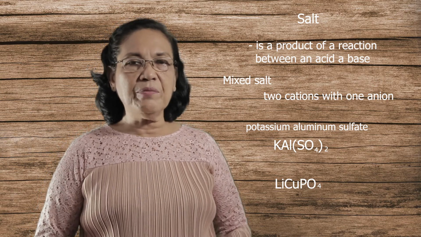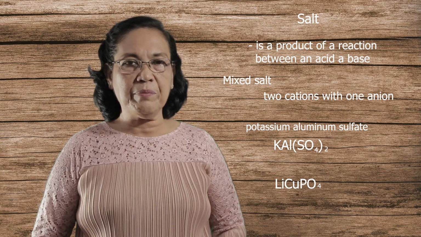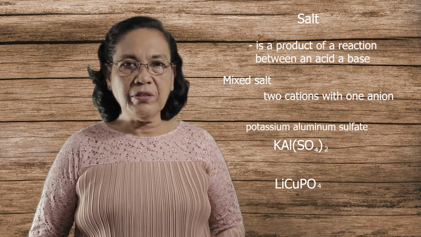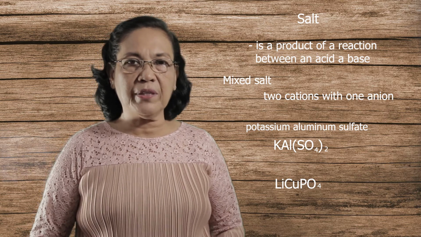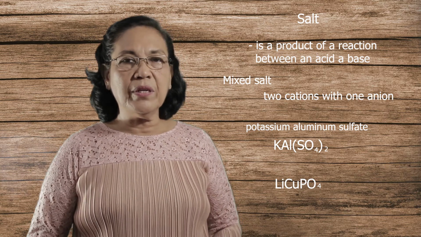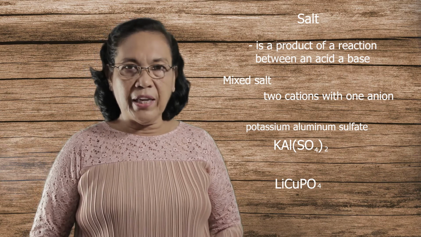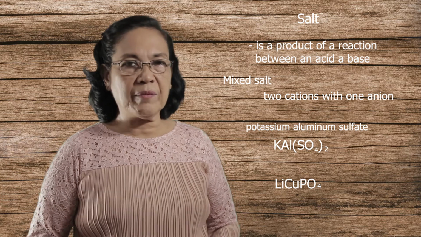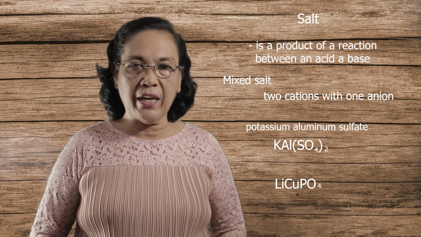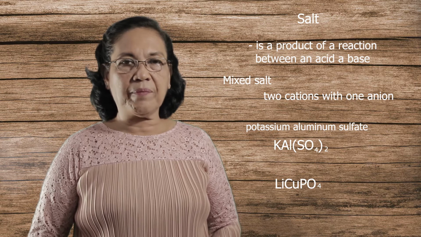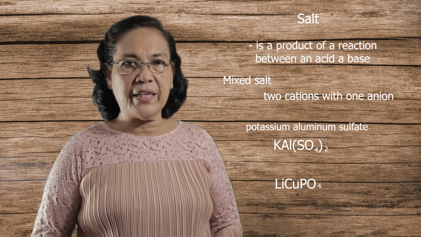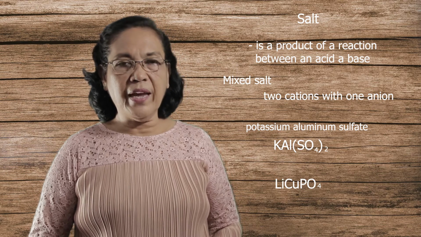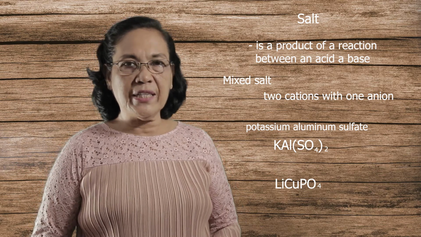So exchanging of charges to become their subscripts, the +3 of the total charge between lithium and copper will go to the phosphate polyatomic ion, while the -3 charge of phosphate will go to Li. So it will look like this: Li3CuPO4 subscript 3. Take note, the charges are the same.